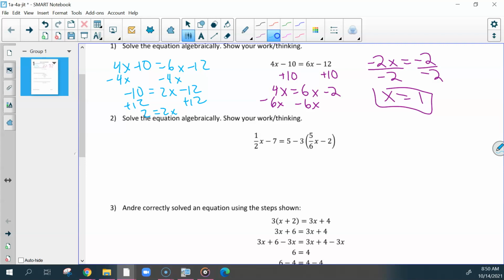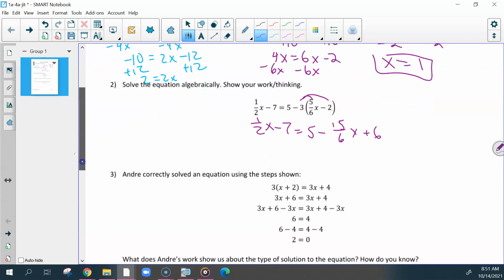For number 2, you needed to first distribute. This gave you negative 15 over 6. And then you could have simplified that.